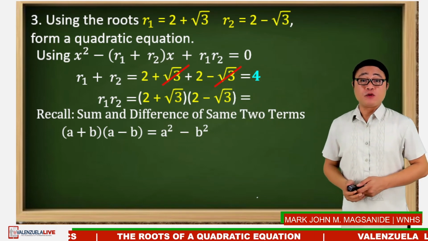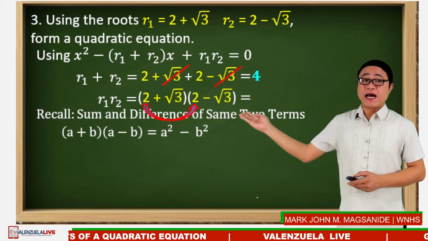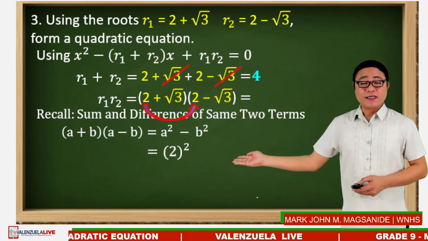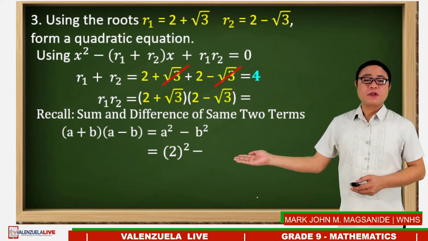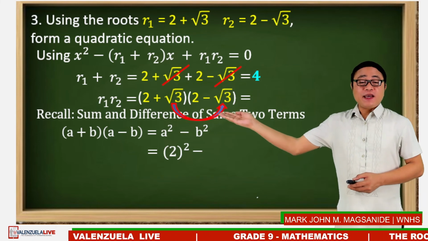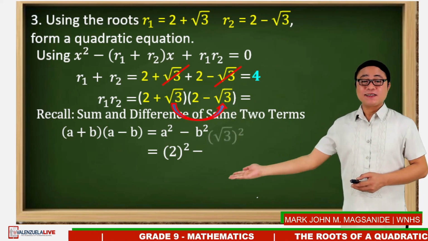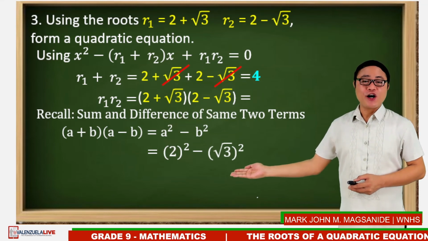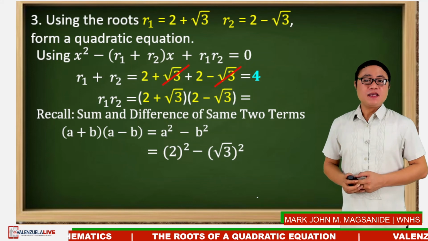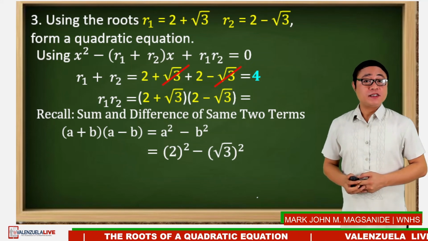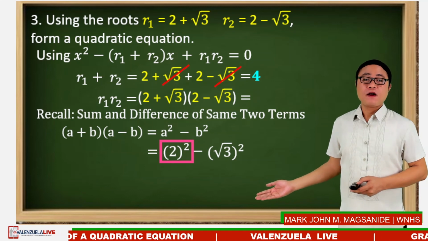So 2 times 2 in this given root can be expressed as 2 squared, minus square root of 3 times square root of 3 can be expressed as the square of square root of 3. Simplifying, the square of 2 is equal to 4.